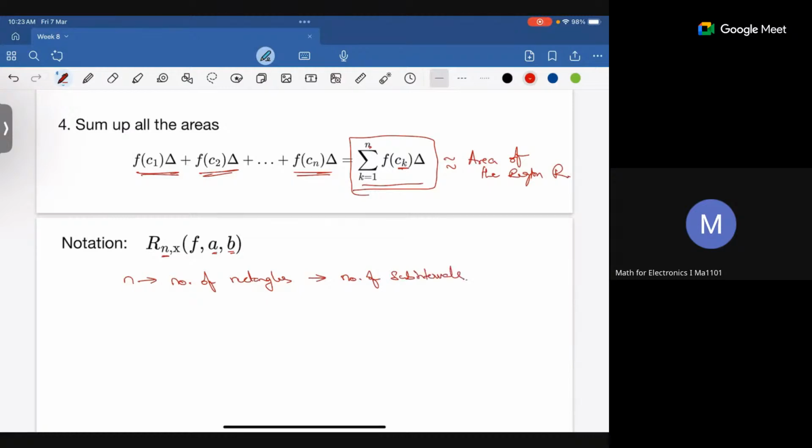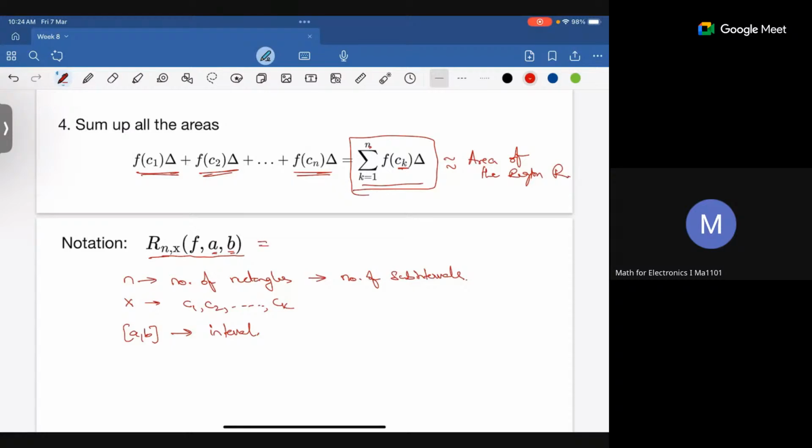Here X, this capital X, is the points that we choose, which are c1, c2, ck. And [a,b] is the interval in which we are interested. Giving all these things to you, we can compute R_n(X, f, [a,b]).